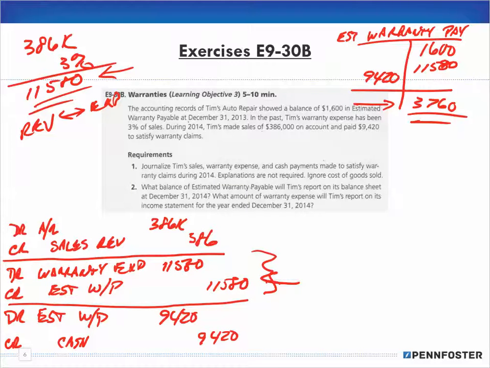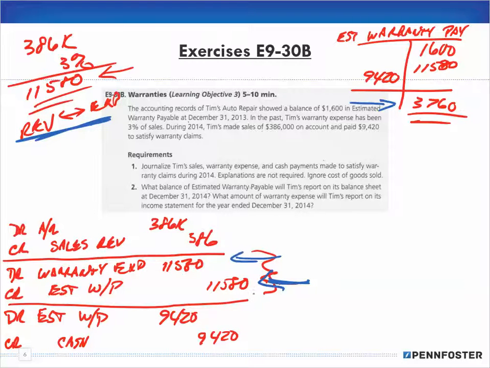At the end of the period, which generally is at the end of the year, I'm going to make an estimation based upon my sales of how much I expect to have in warranty expense, and that gets the expense on my books to match my revenue.